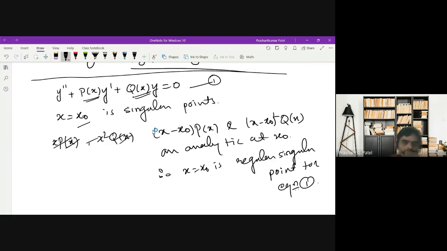Fine. So once we have a regular singular point, we have seen the Frobenius method to solve a differential equation. In the previous lecture we solved one example. In this lecture also I'm solving one example, and I will suggest that you also do the same calculation as I'm doing on my digital board.